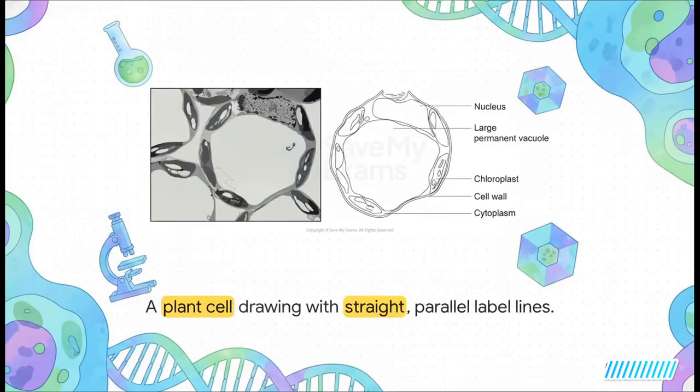And right here, we have a brilliant plant cell drawing. See how elegantly those straight, parallel label lines identify all the parts? The cell wall, the chloroplasts, and that massive permanent vacuole are all pointed out without creating a tangled, messy web of arrows. It is a perfect, purely scientific record of exactly what was observed through the lens.